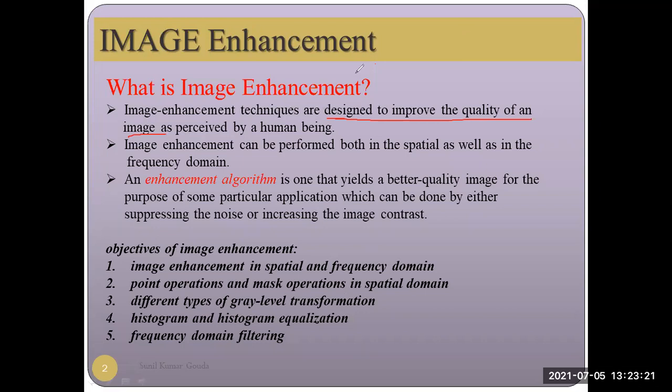Whatever image is received by the human being or captured needs to be improved in sensing quality. This improvement can be removal of noise, improvement in brightness, improvement in contrast, or removing the blurriness in the images. These are some qualities that should be improved.